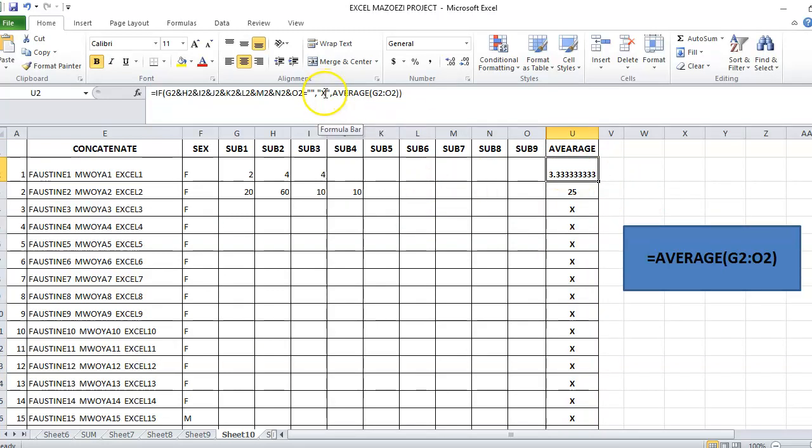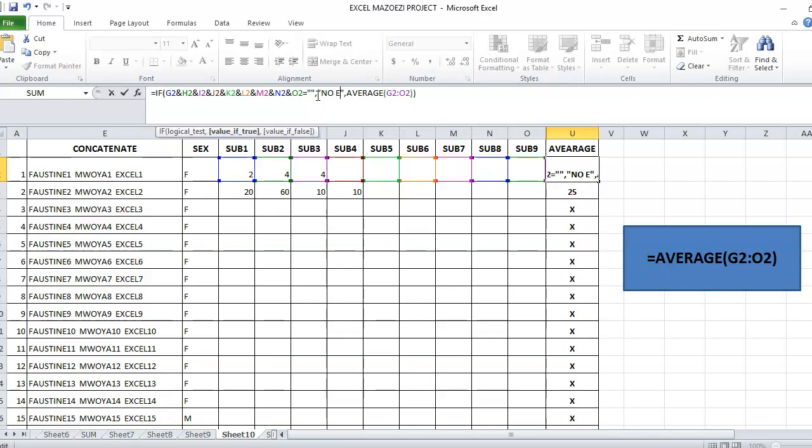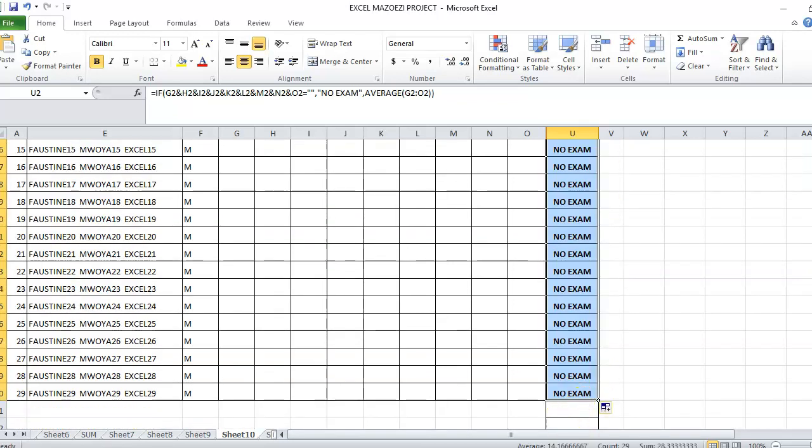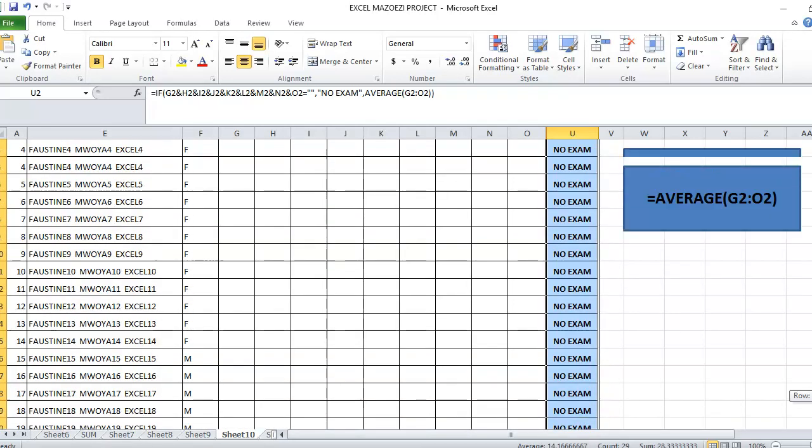You can decide to put anything in this one. You can say, no exam. So if in this cell there is nothing, put no exam. Otherwise, take the average of those numbers. So this is how you can do it.